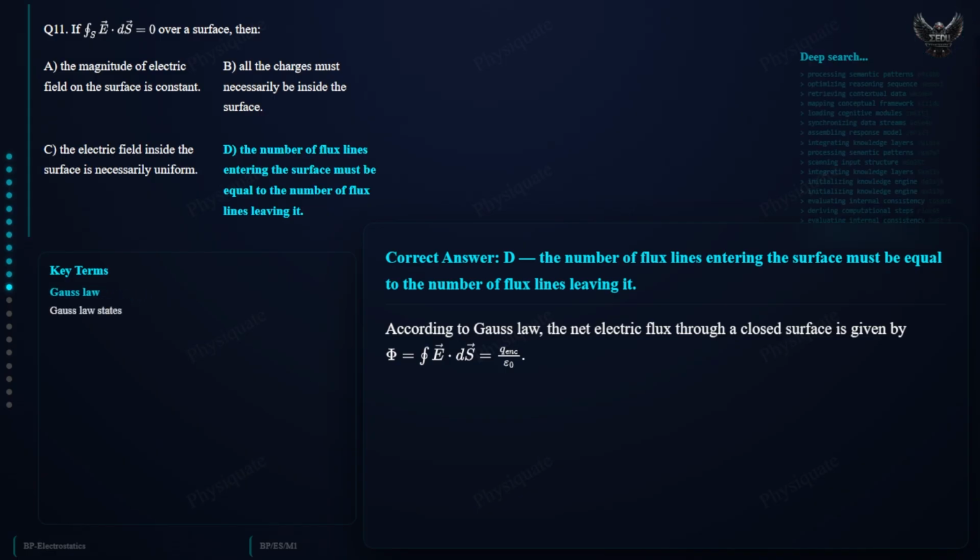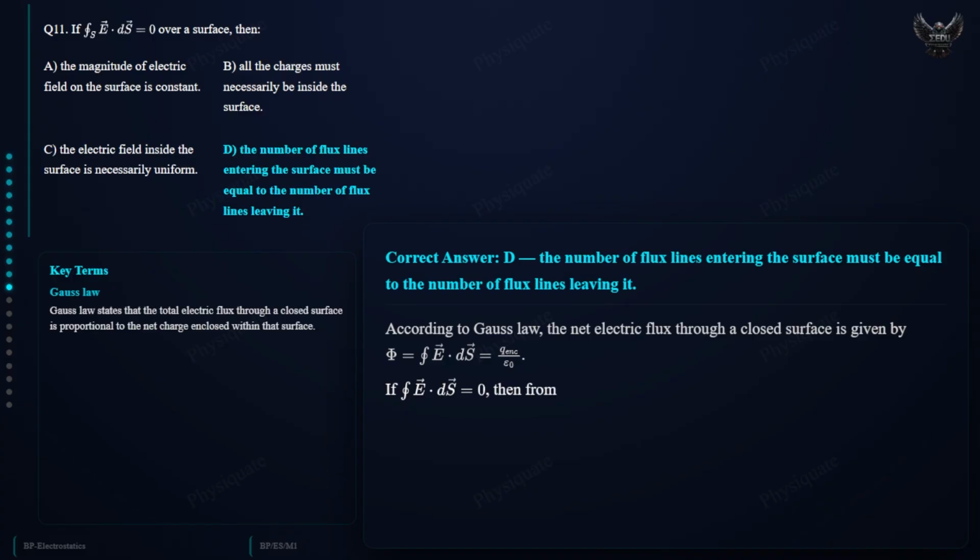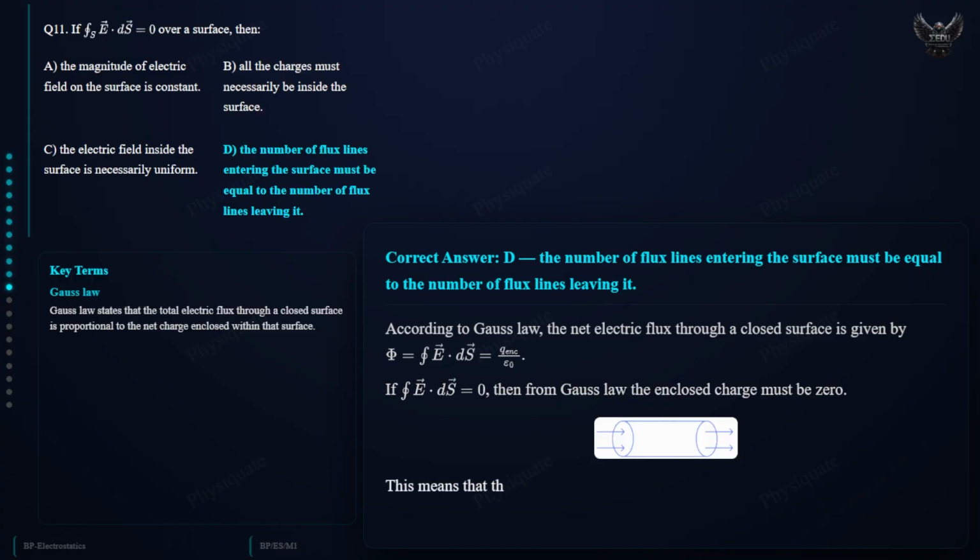Gauss' law states that the total electric flux through a closed surface is proportional to the net charge enclosed within that surface. If the closed integral of E vector dot dS vector equals 0, then from Gauss' law the enclosed charge must be 0. This means that the net flux through the surface is 0.